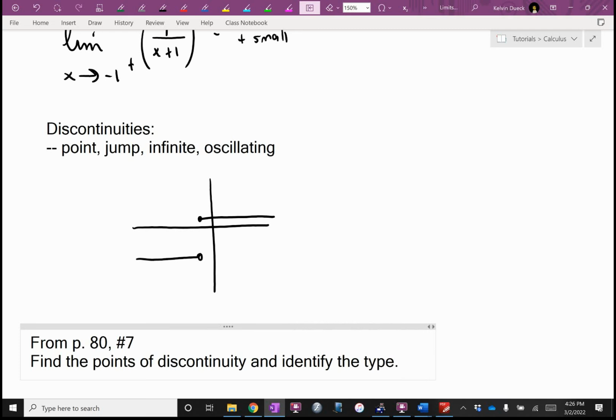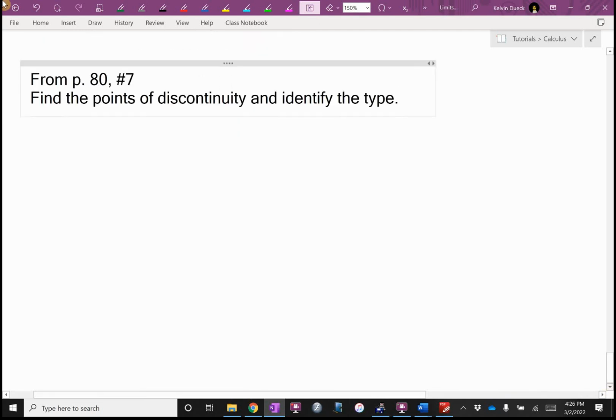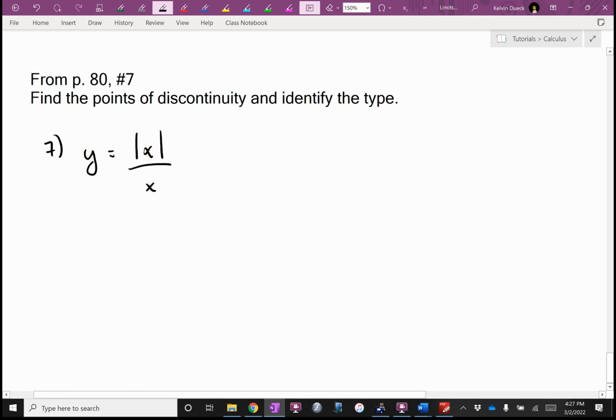And number 7 is y equals absolute value of x over x.